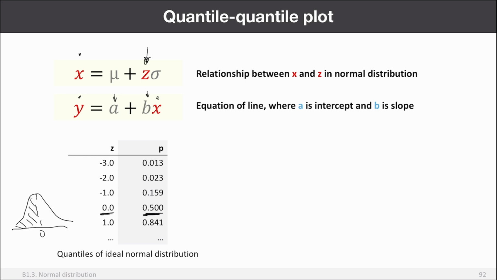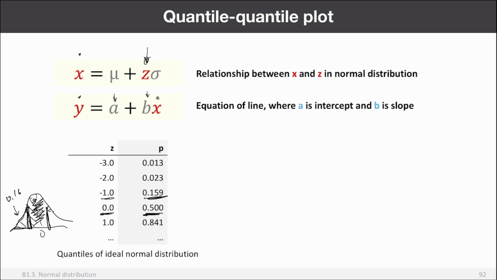If the Z-score is -1, we know that between -1 and +1 we have a little more than 68%, so we have half of 1 minus 0.68 in each tail. This is approximately 0.16, and so on and so forth. So we can find these sample quantiles for any Z-score.